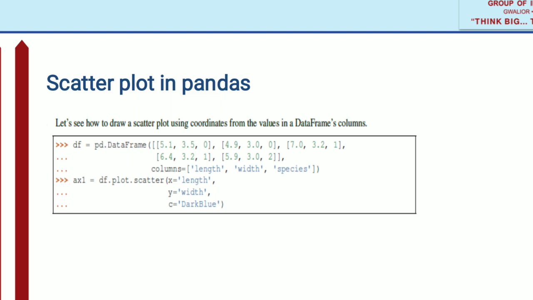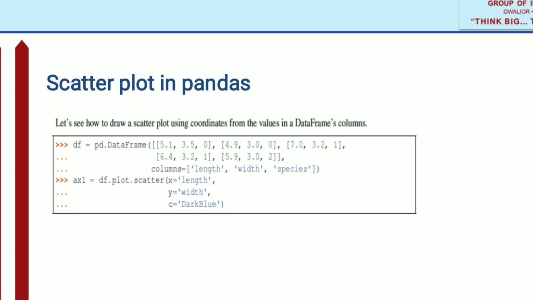So this data is given in the form of data frame. Okay, now when we use the scatter, then in the scatter I need to pass these things. Okay, now one by one we will see all these things. We have ax1.